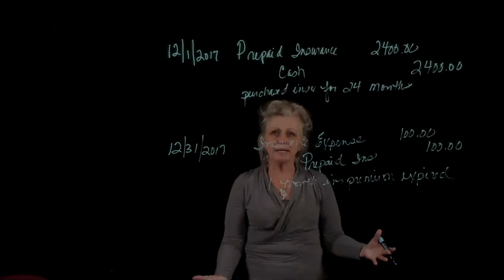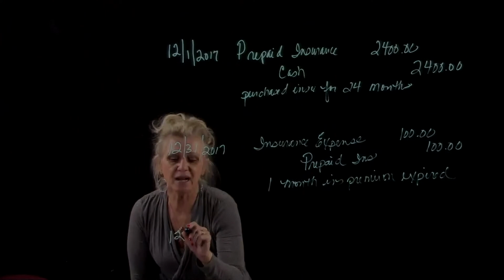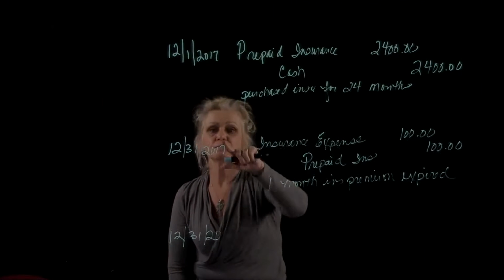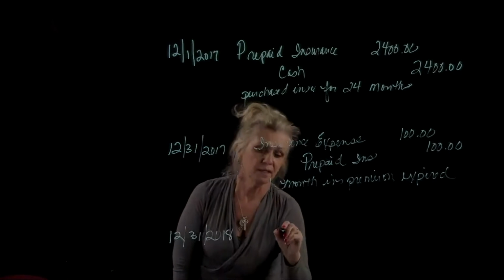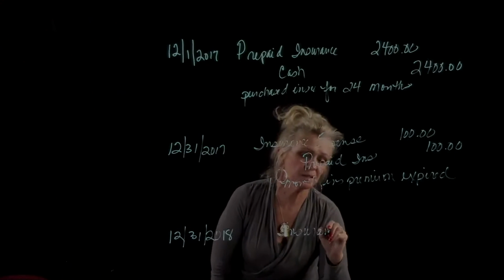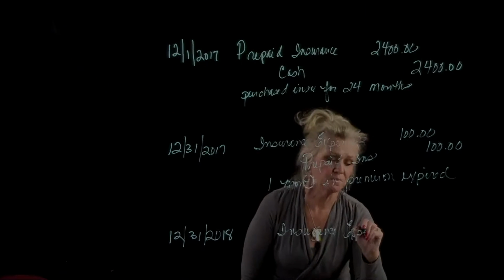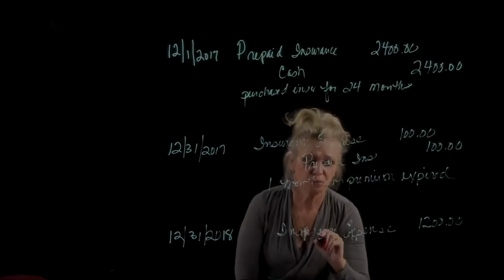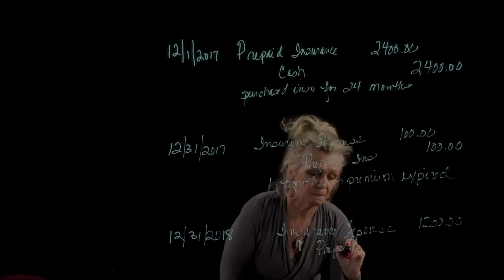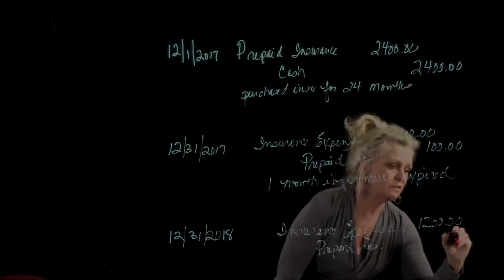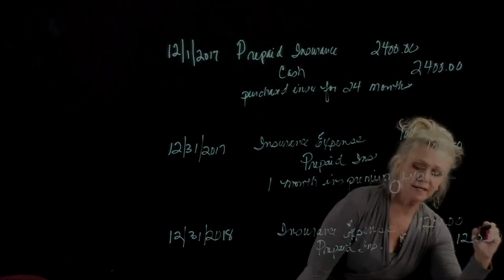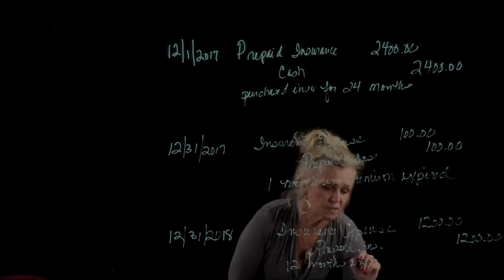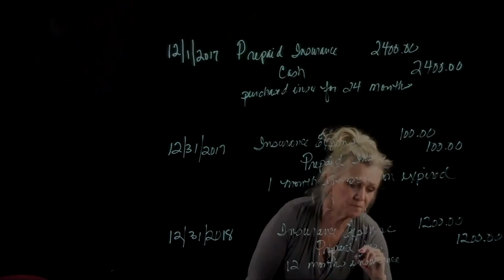Well, what happens at the end of 2018? Same thing, but now we've used 12 months of that. Again, insurance expense $1,200 because it's for 12 months, prepaid insurance $1,200. And our description would be 12 months insurance expired.